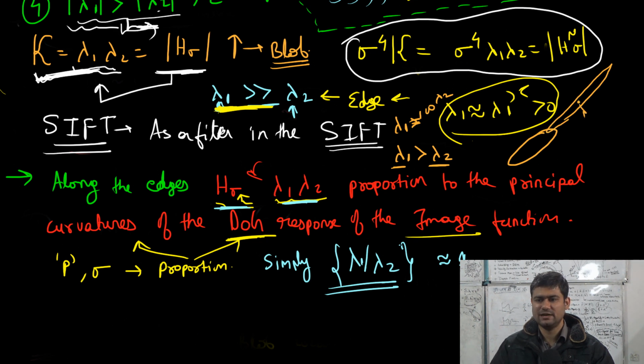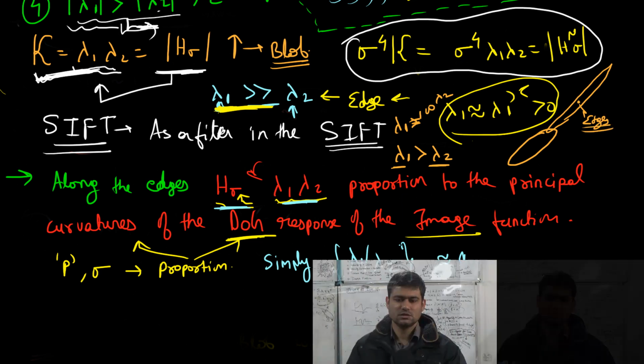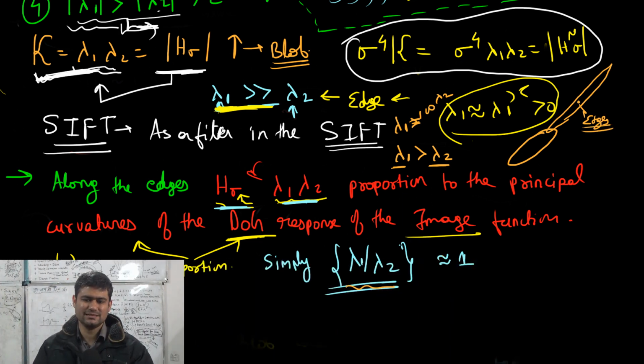So if the ratio is close to 1, then this is an ideal circular blob, and if the ratio is large but not too large, below some threshold like 10 or 20 or whatever number we select, then we can still consider these points as blobs.